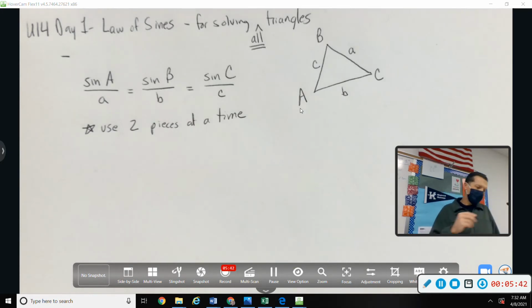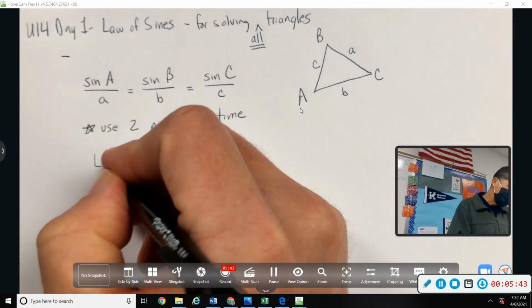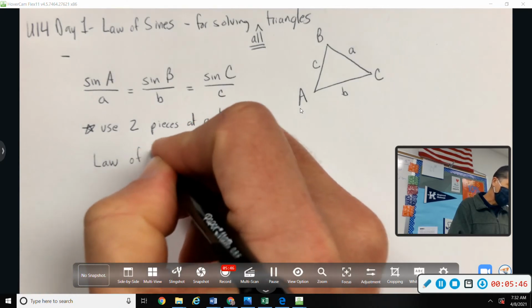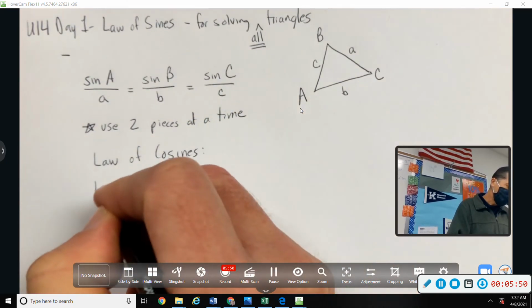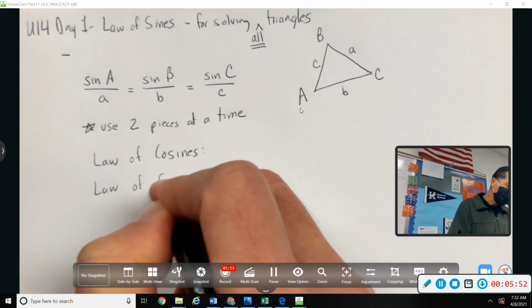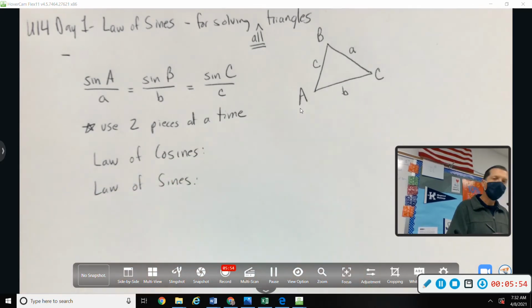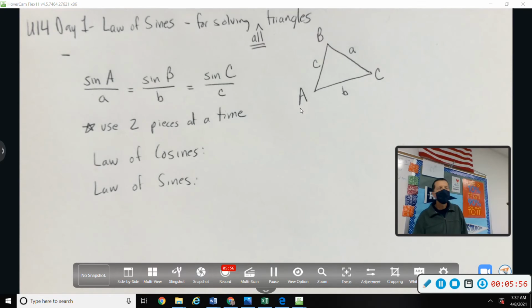Now, what I'm going to say next doesn't help yet, but we need to start thinking in these terms. Law of cosines versus law of sines, like when to use which one. And law of cosines is next week, but we need to start thinking now, like, how do I know which one to use? The good news is you can't really use the wrong one.